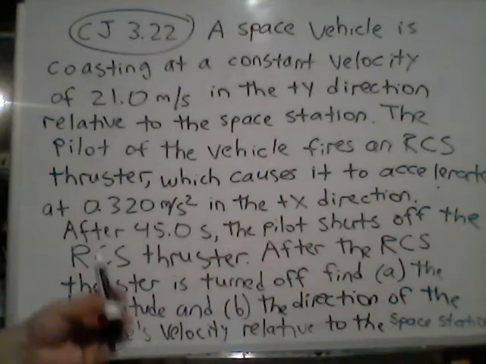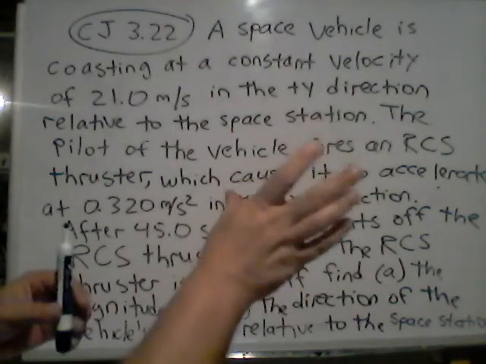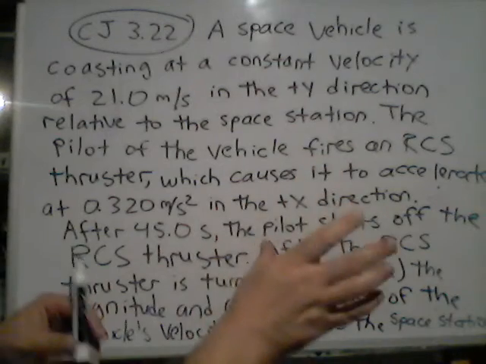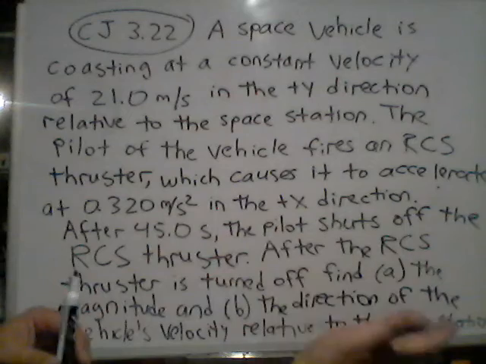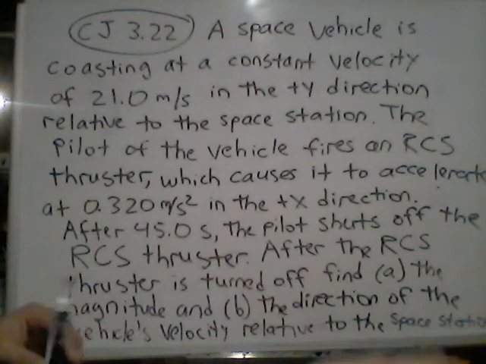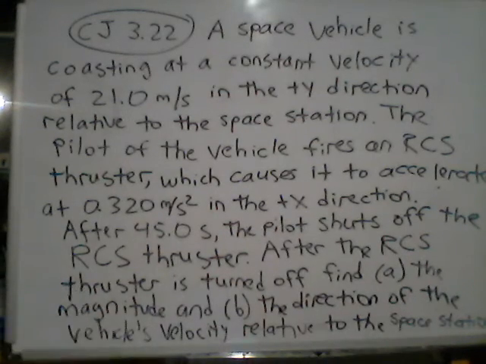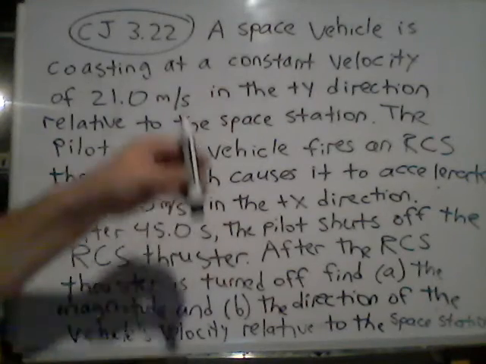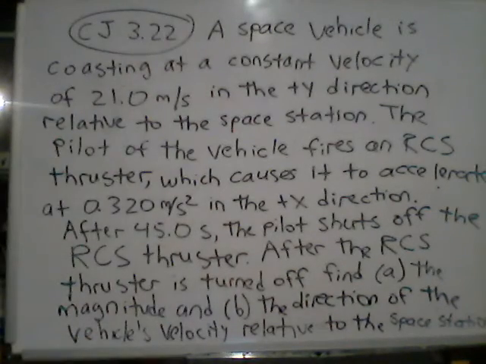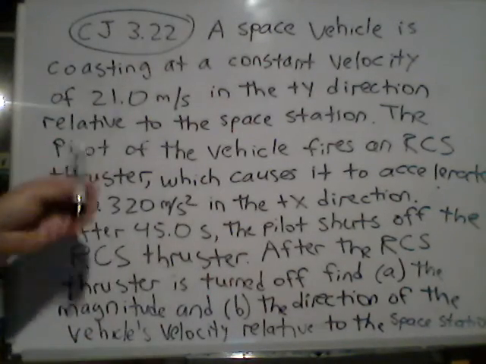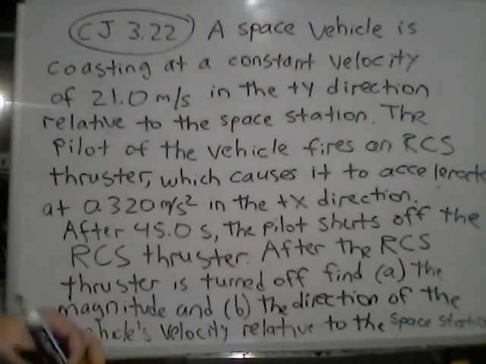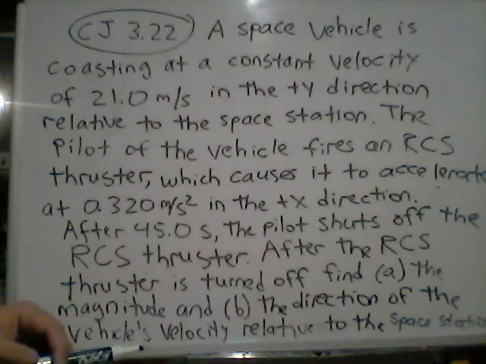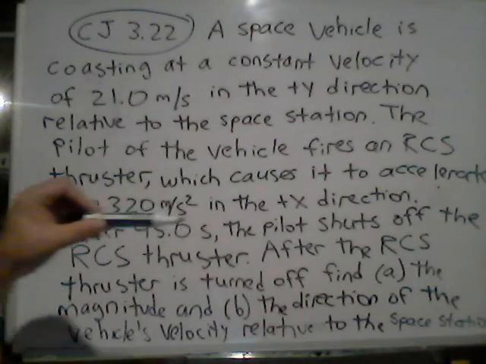We always talk about having a reference frame. Everything is moving relative to the space station, so the space station forms a reference frame. All right, so 21 meters per second, constant coasting, in a y direction. Get a picture here. The pilot of the vehicle fires an RCS thruster, which causes it to accelerate 0.32 meters per second squared in the x direction.